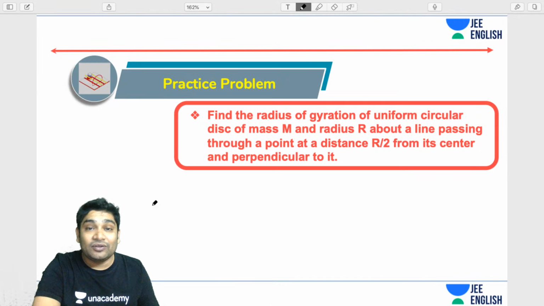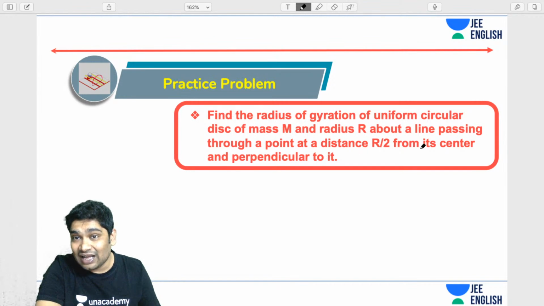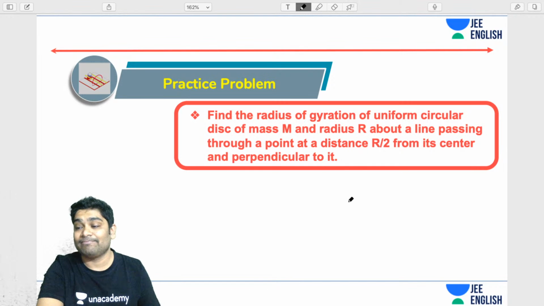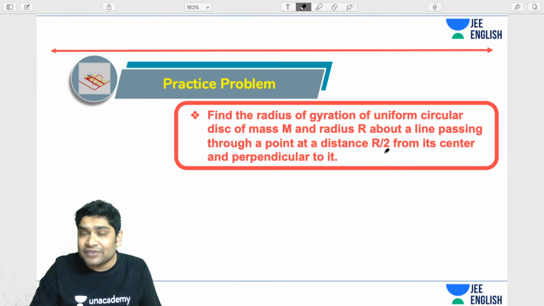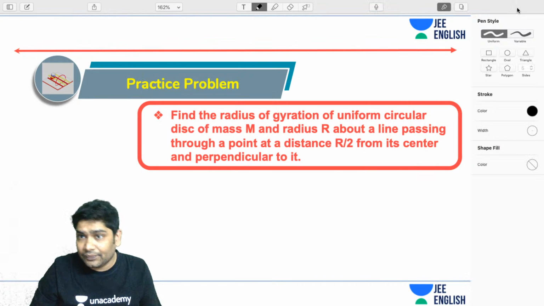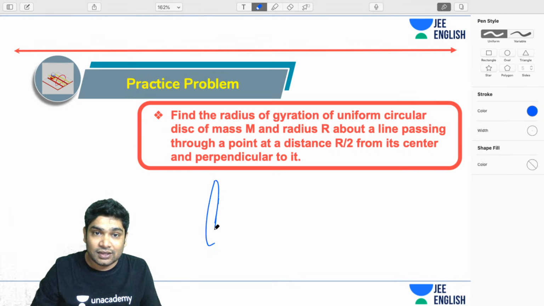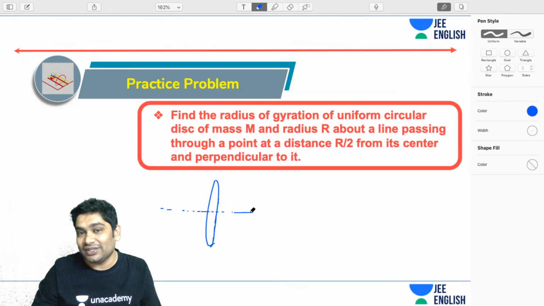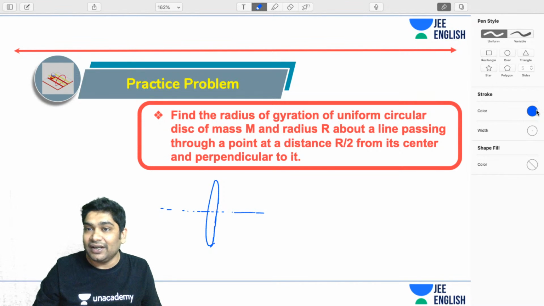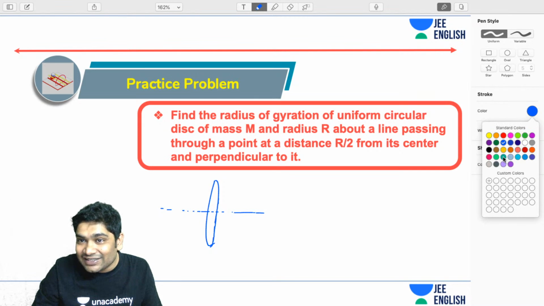In the first question, you've been told to find the radius of gyration of a uniform circular disk of mass m and radius capital R about a line passing through a point at a distance R by 2 from its center, perpendicular to it. So I hope you got the situation. There is a uniform disk, mass m, radius R. This is an axis passing through its center, and you have to find the radius of gyration about an axis which is at a distance of R by 2 from the center and perpendicular to it.